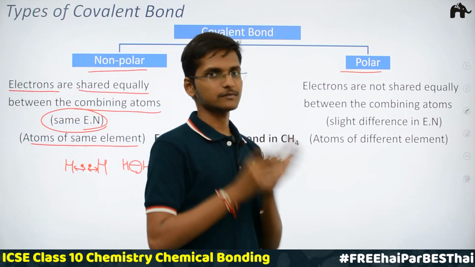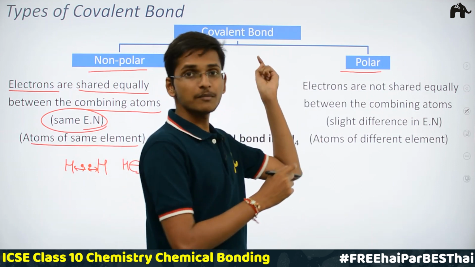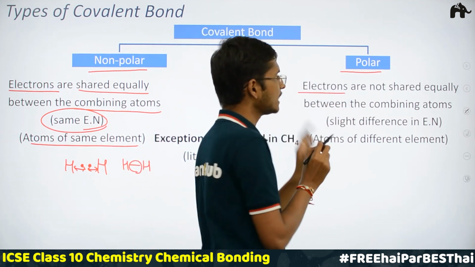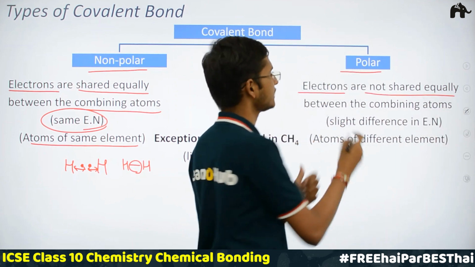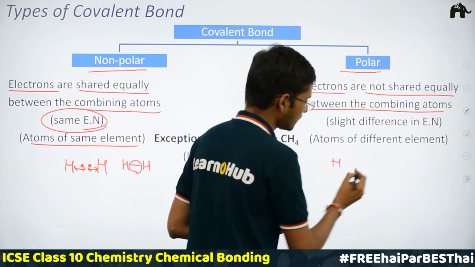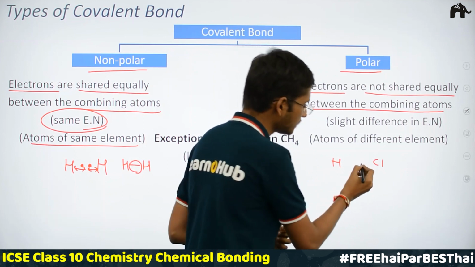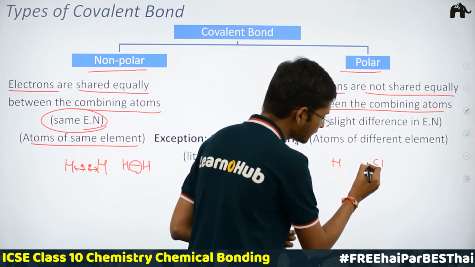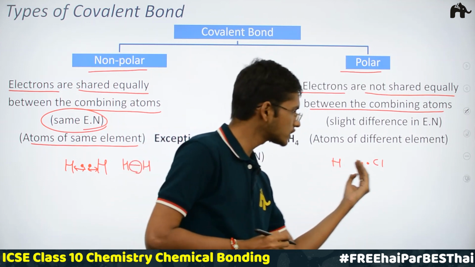Now, what is happening? You would have guessed it, right? In this polar covalent bond, the electrons are not shared equally between the combining atoms. Let's take an example. See here, between hydrogen and chlorine, the electron pair which is shared is more towards the chlorine.